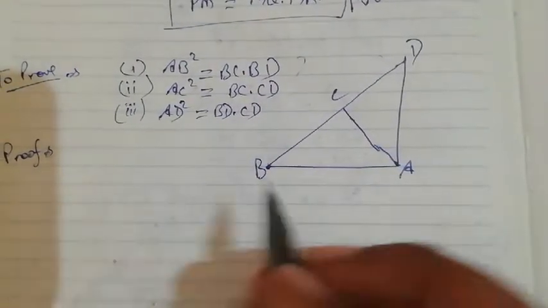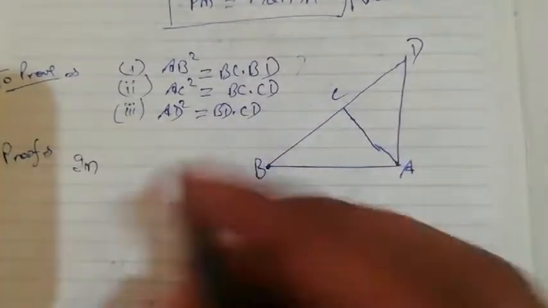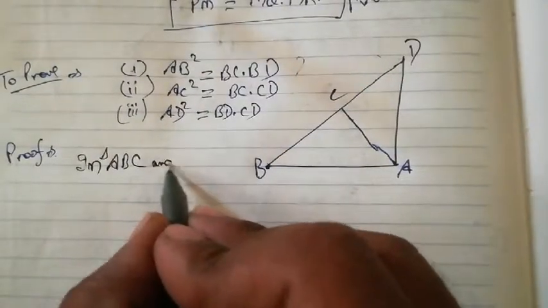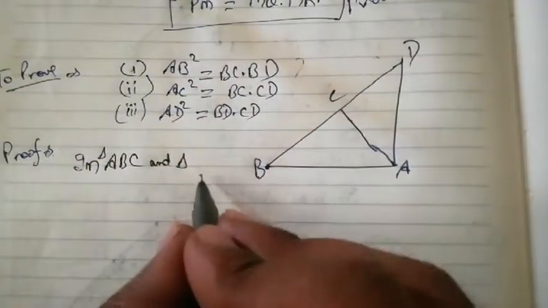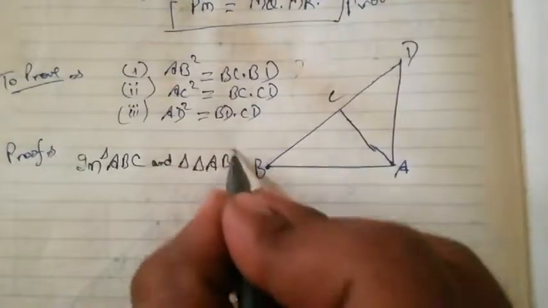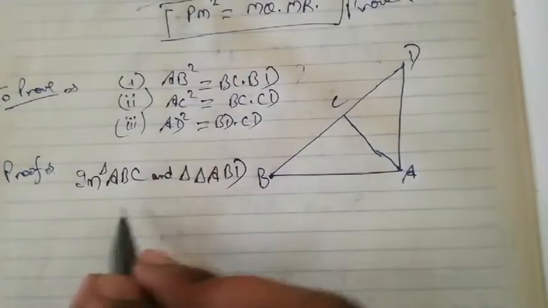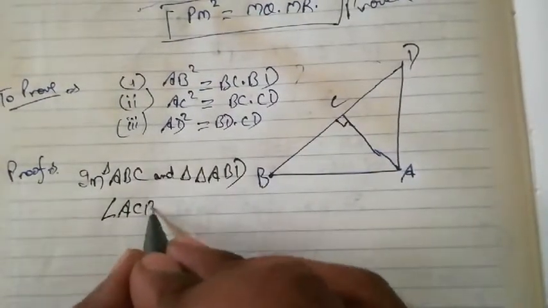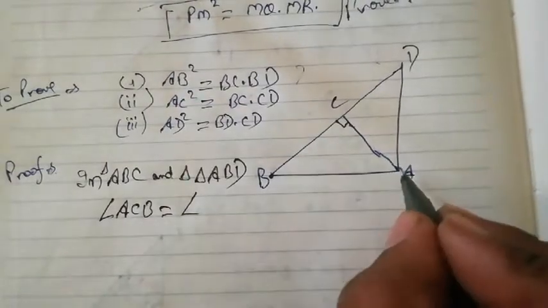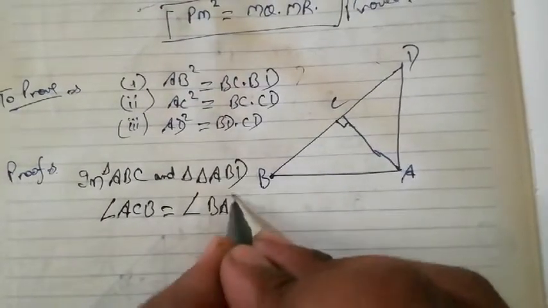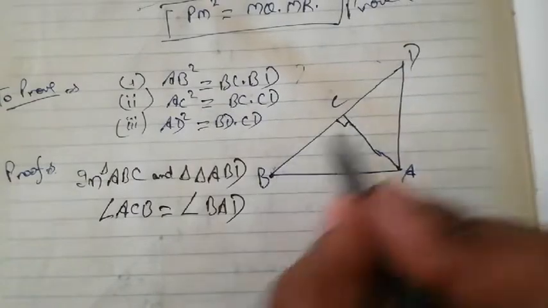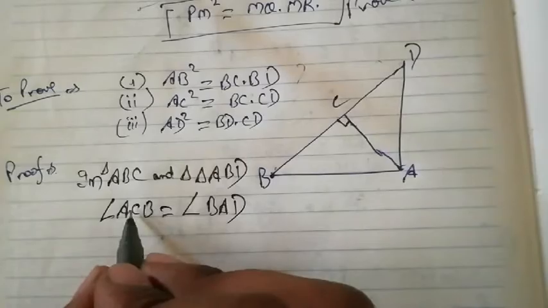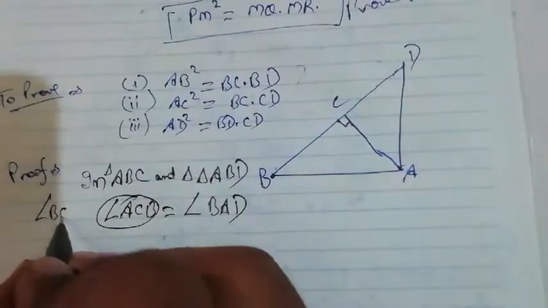For proving, first of all, AB square we have to find, so we will take triangle ABC and triangle ABD, these two triangles. In these two triangles, can we say that this is 90 degrees? So we can say that angle BCA and angle BAD, so here we have to write angle BCA.